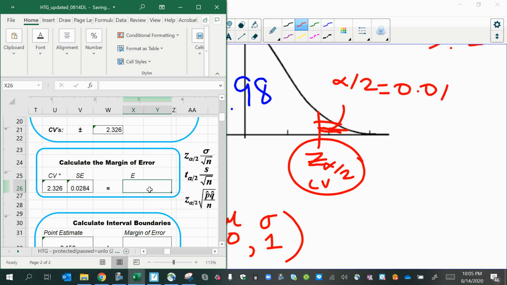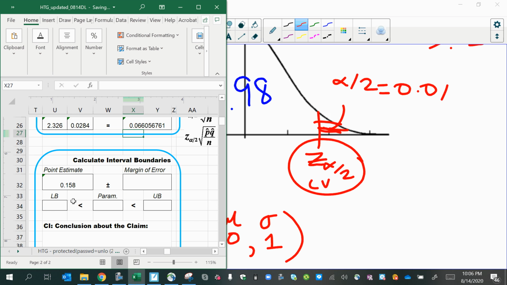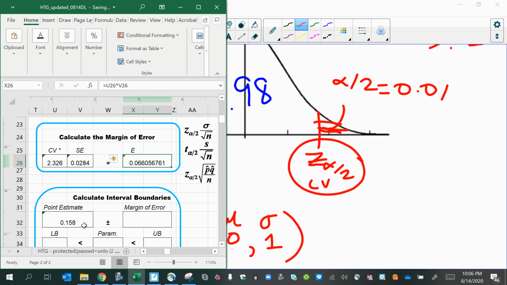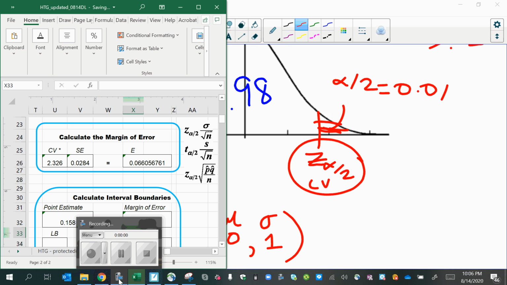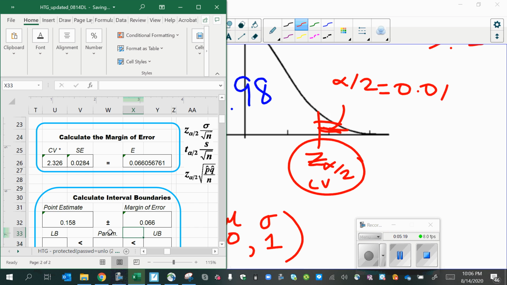To get my margin of error, I just multiply those two things, the critical value times the standard error. If I was going to calculate the interval boundaries, I would add and subtract this margin of error to my p-hat, my point estimate. For this problem, we were only asked to give the margin of error, which is 0.066 when rounded to 3 decimal places.